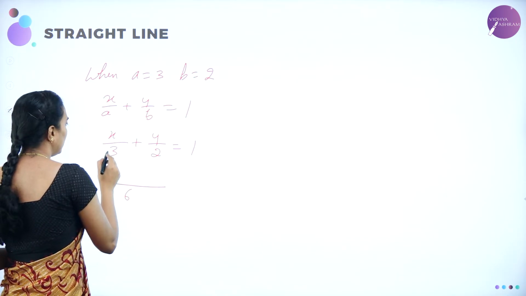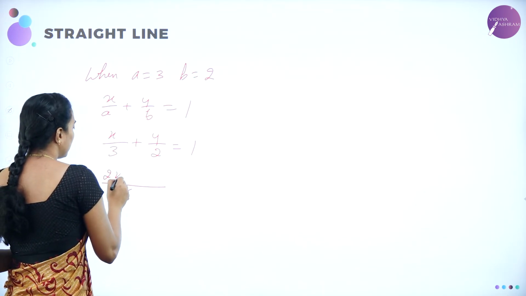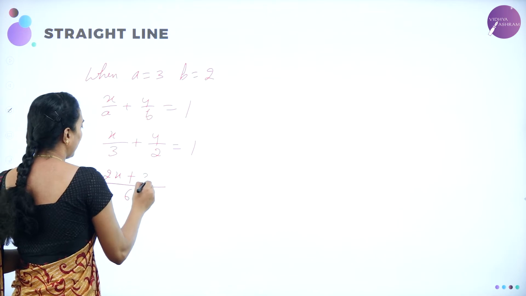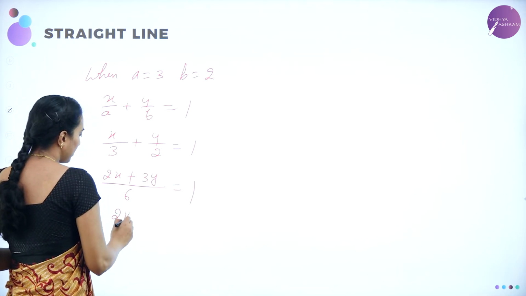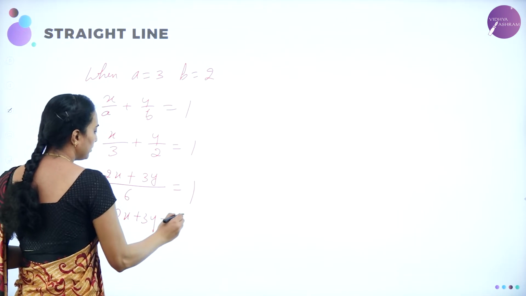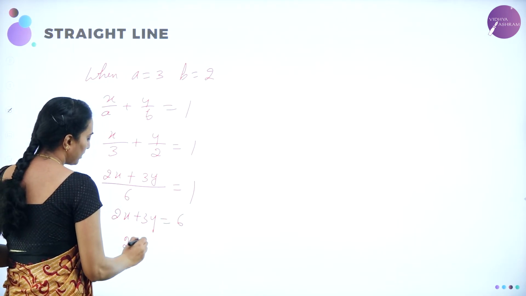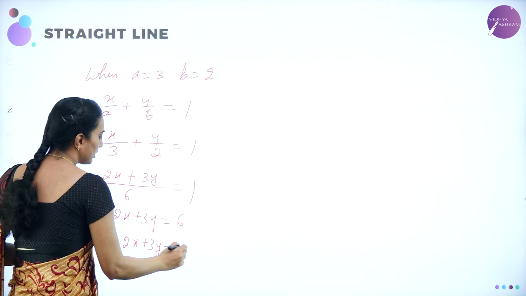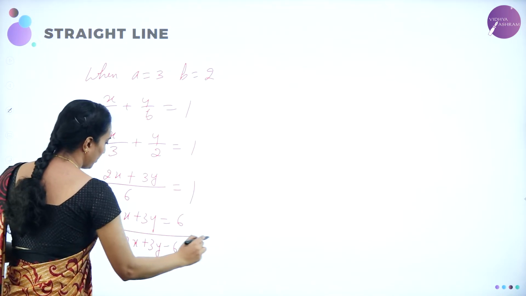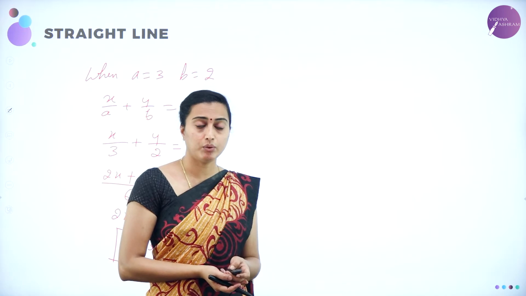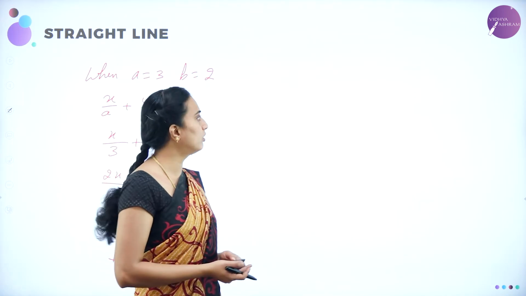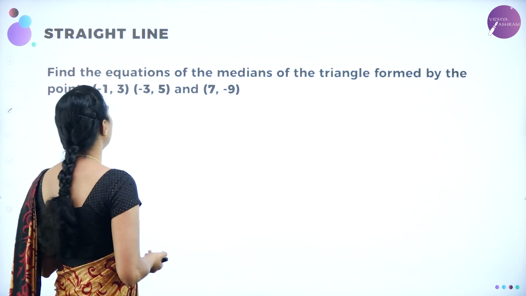So 2 3s are 6, having 2x plus 3y is equal to 6. Otherwise 2x plus 3y minus 6 equal to 0. This is the equation. I hope you got this one, how to solve. We'll move on to the next problem.